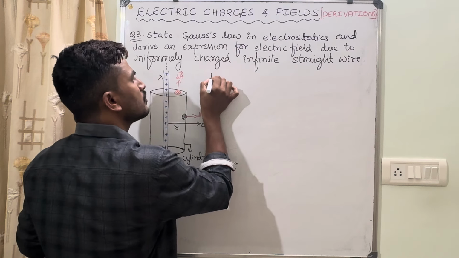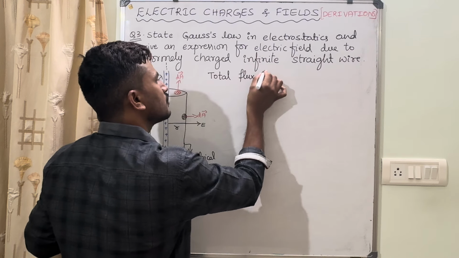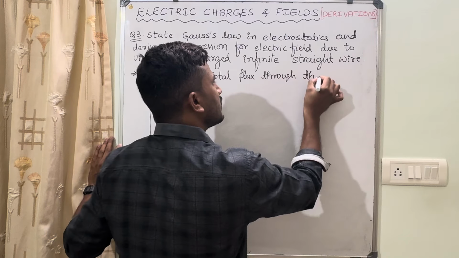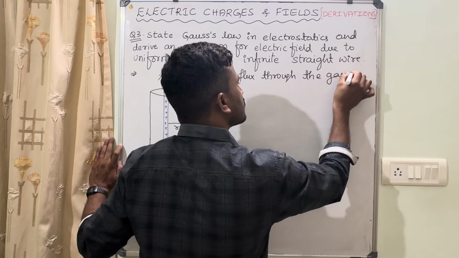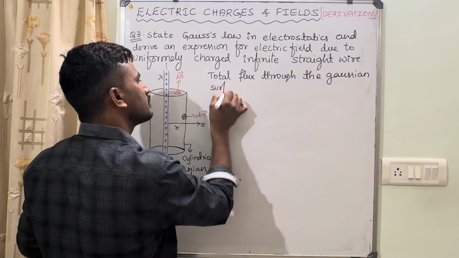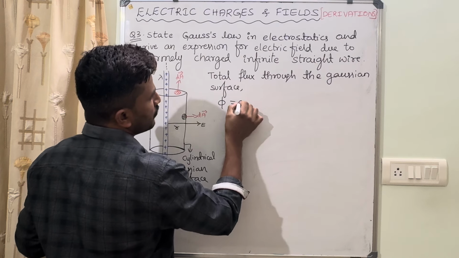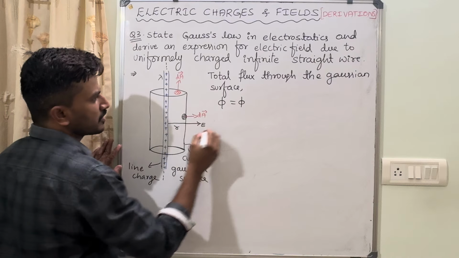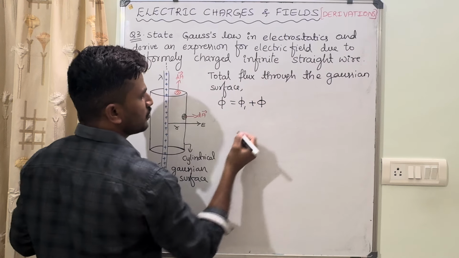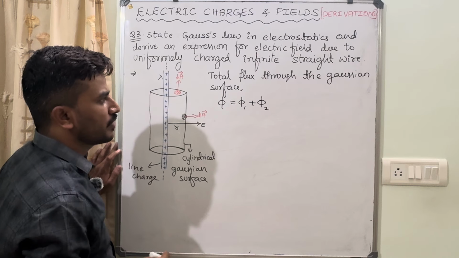Now the total flux phi through the cylindrical Gaussian surface is equal to the flux through the end surfaces, let me write it as phi 1, plus the flux through the curved surface, I will write it as phi 2.